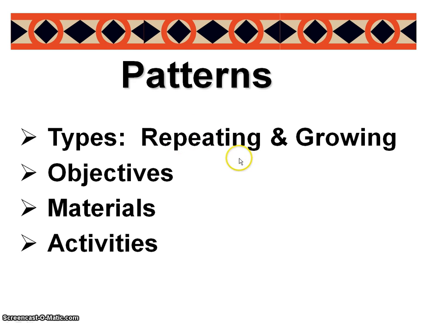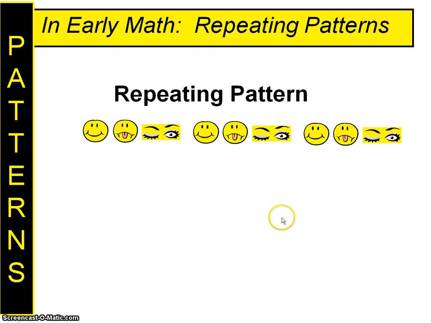Repeating patterns, the kind that's dealt with the most in early childhood math, and then growing patterns. Later in elementary school, they start to look at growing patterns. We'll look at objectives, materials, and activities that can be used for both repeating patterns and growing patterns.